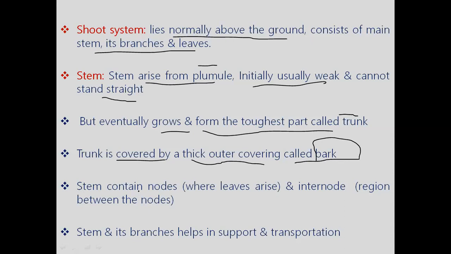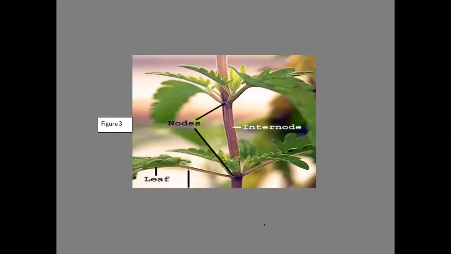Also, the stem consists of nodes. A node is a part from which leaves arise, and the region between two nodes is known as the internode. The function of the stem and its branches is support and transportation. It helps to support the plant and to transport minerals, food, and water.